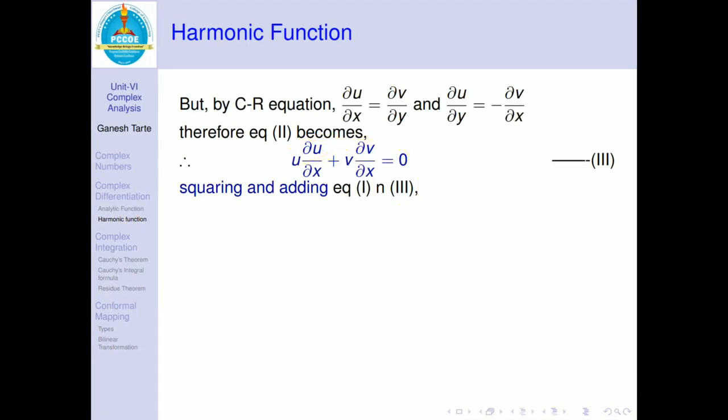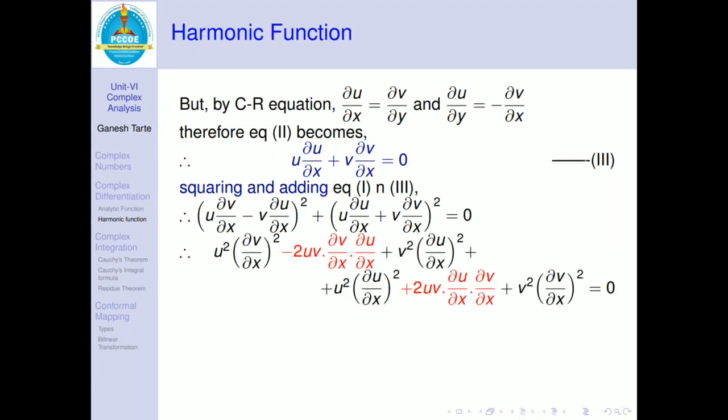So squaring and adding 1 and 3, we get (u ∂v/∂x minus v ∂u/∂x) whole square plus (u ∂u/∂x plus v ∂v/∂x) whole square is equal to 0. So again using the expansion formula (a plus b) whole square, we get this big equation.